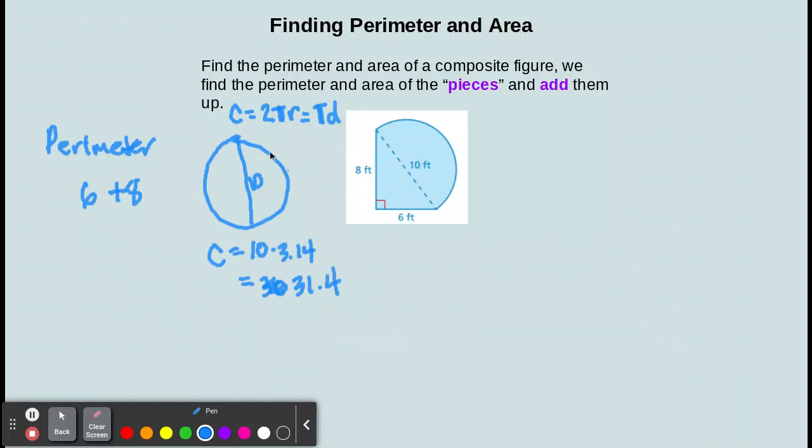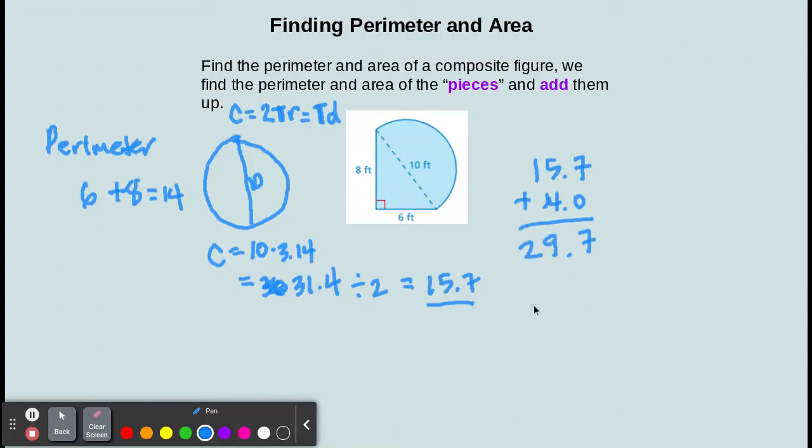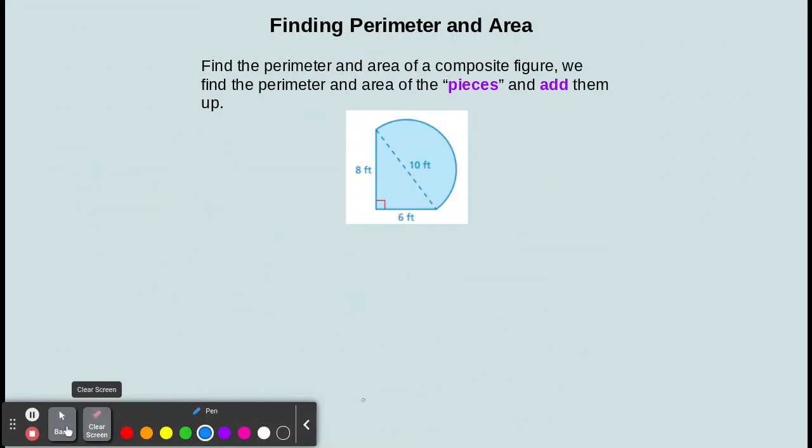But we want only half of that, so we divide that by 2, and that equals 15.7. So the distance around this semicircle is 15.7. The distance on this corner is 14. So altogether it is 15.7 plus 14, which gives me 29.7 feet.